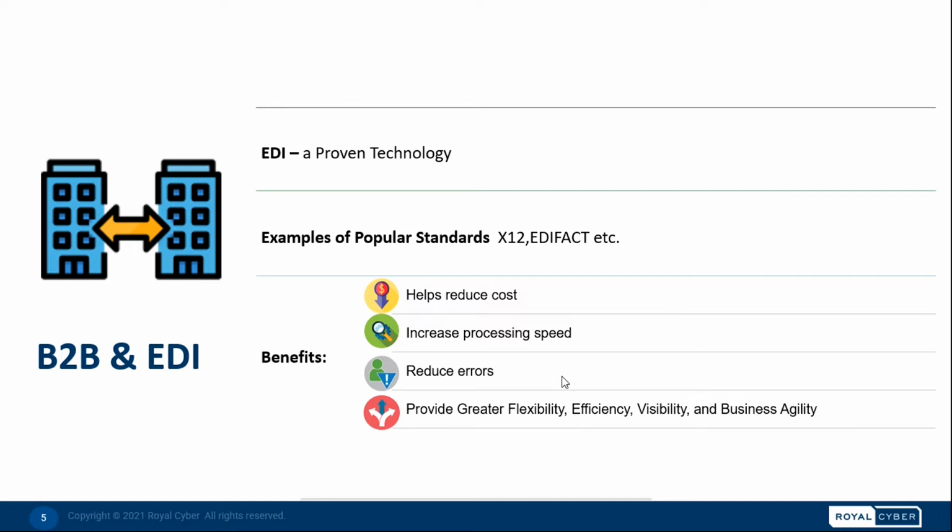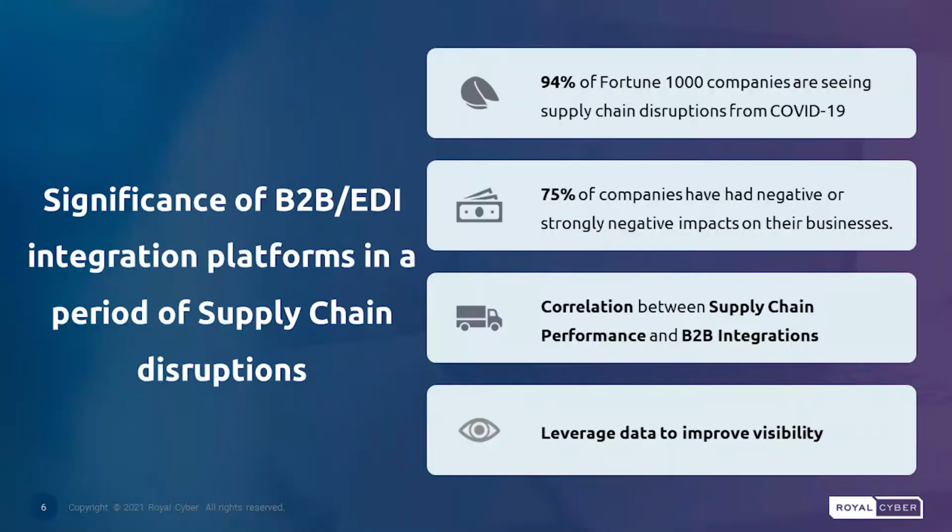Let's correlate all this with real life by taking the supply chain industry as an example. There are two recent research findings from the COVID era where 94% of Fortune 1000 companies are seeing supply chain disruptions from COVID-19, and 75% of companies have had negative or strongly negative impacts on their businesses.